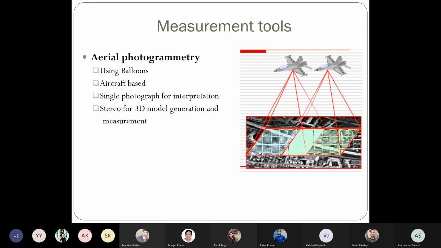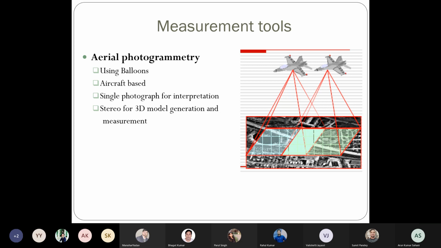Then, in due course of advancement in technology, there was the provision to generate a 3D model using the images. As you see in the right side image, there are two photographs, but they overlap. By using that overlap information, a three-dimensional model of that terrain can be generated.